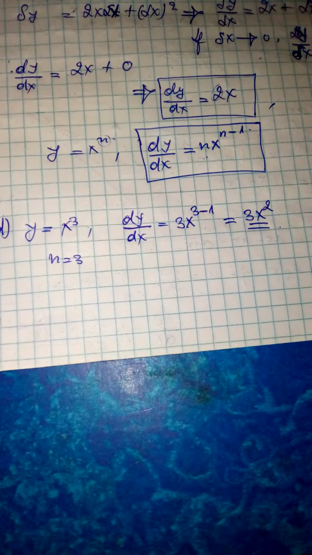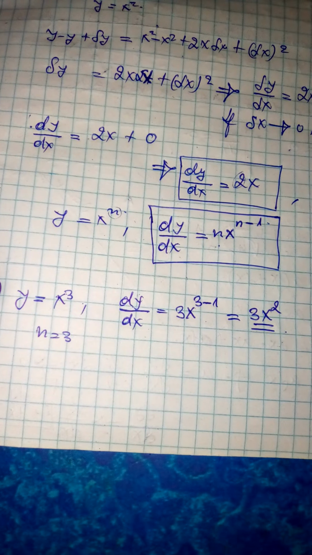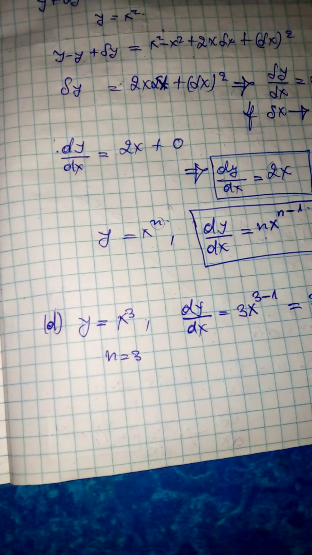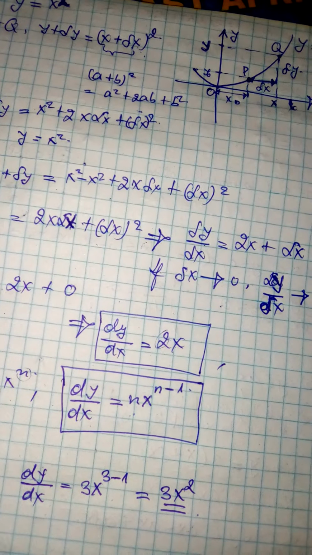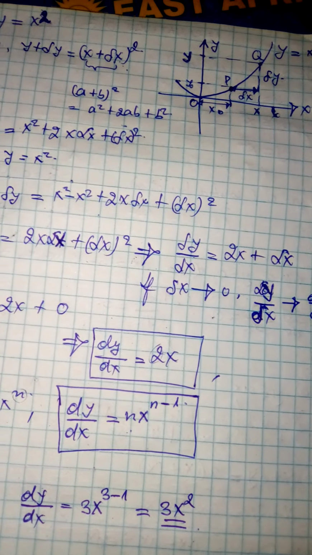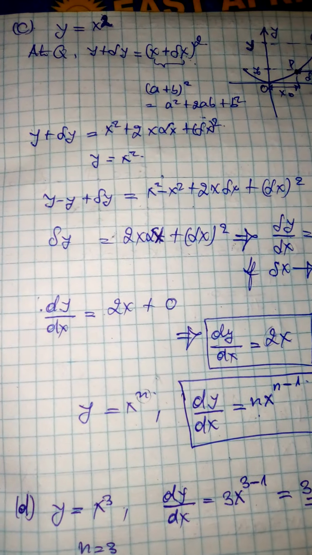Okay, so the answer would be 3 times x squared. So that is the result. So simply this is how we can calculate the derivative of a polynomial function, or the derivative of power of x.